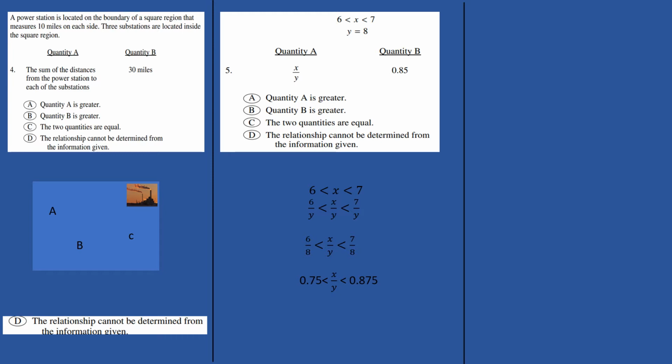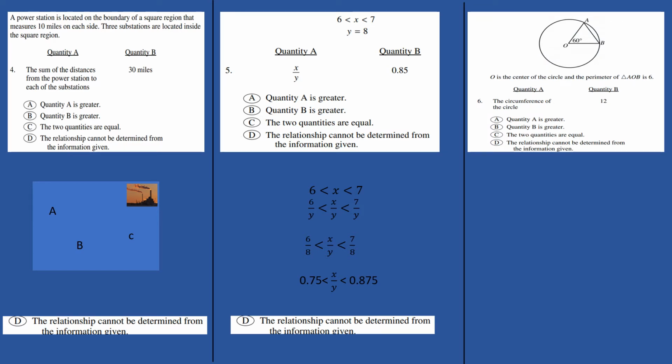So x by y can take values like 0.85 or greater than 0.85, and at times x by y can also take values less than 0.85. So the relationship cannot be determined from the information given.